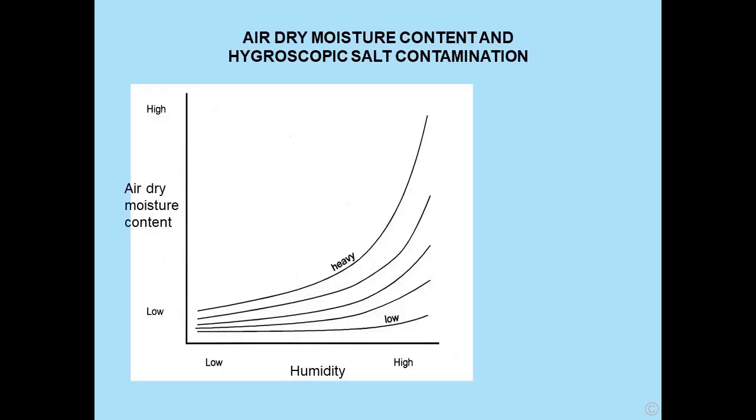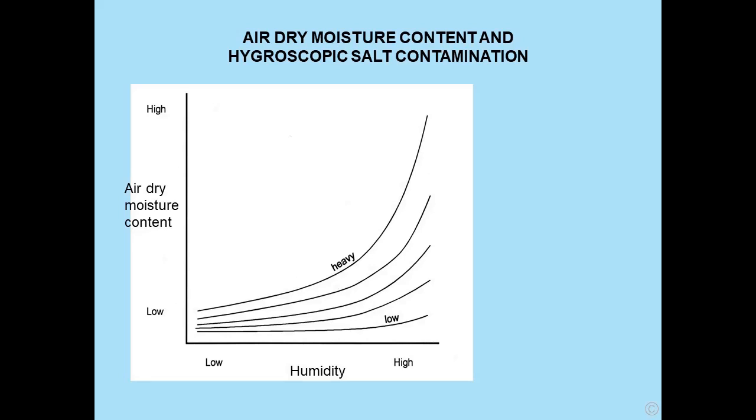So this is very roughly a diagrammatic form of the relationship between the air-dry moisture content, i.e. the hygroscopic moisture content of a material, and the humidity and level of contamination. Low levels of contamination, as we increase the humidity, very little happens. It'll go up slightly, as indeed it does in a clean material, but it goes up a little bit more.